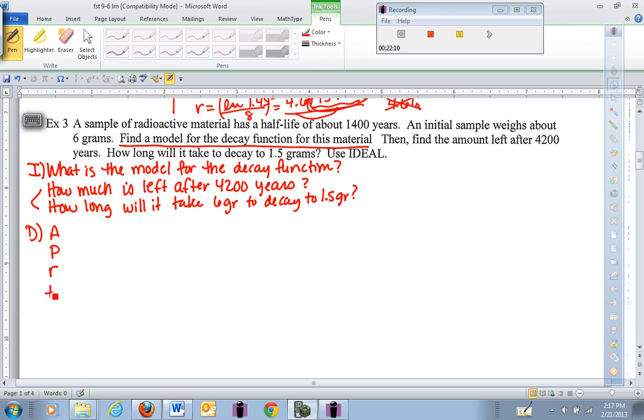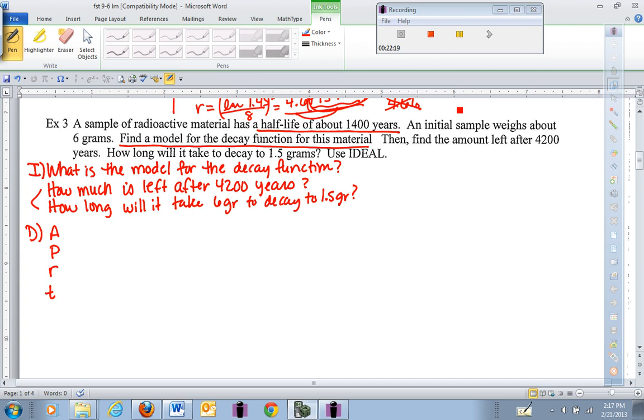Alright, so what do we know? We know that the half-life is about 1,400 years. If you understand what half-life means, that means that after 1,400 years, no matter what amount you started with, you would have half of it remaining. And then in another 1,400 years you'd have another half remaining.